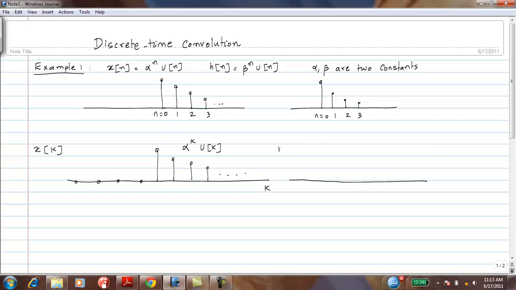Now h of k is a signal which looks like this. Again, it's also an exponential. Maybe it decays faster if beta is smaller than alpha. But this is given by beta to the k u of k, and it's non-zero only for positive values of k.